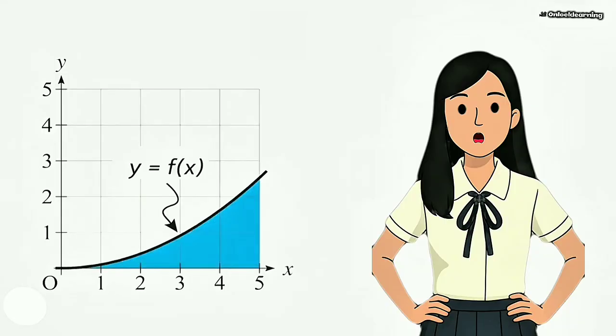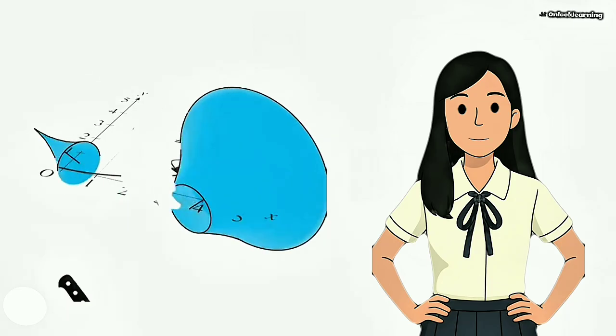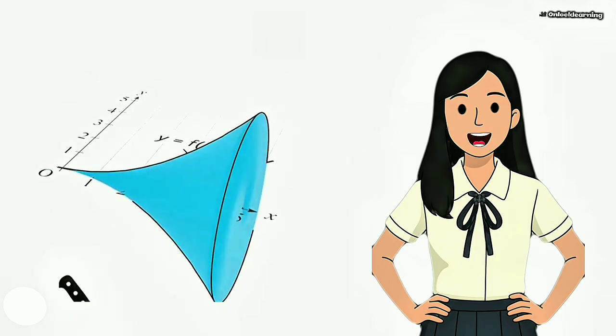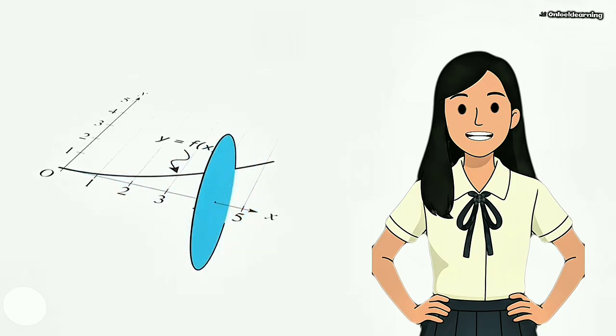What you are seeing here is a 3D object slowly rotating in space. This object represents a volume generated by revolving two-dimensional shape around the axis. In calculus, we use integration to calculate the volume such solid. Specifically, this is similar to a disk or washer method, where we sum infinite number of thin slices.